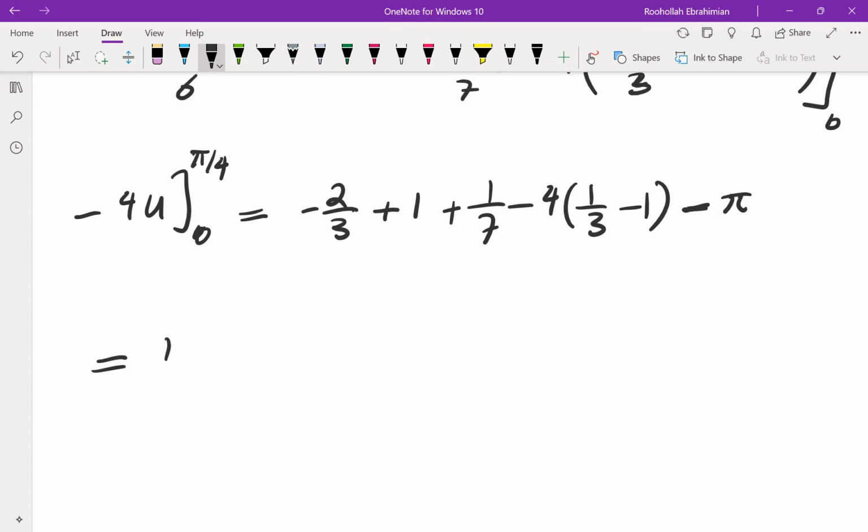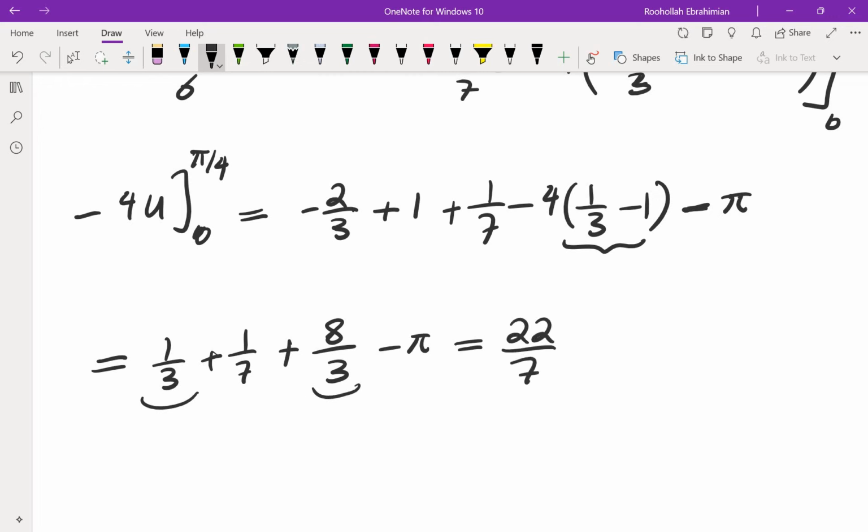So this is 1/3 plus 1 over 7 minus, this is negative 2/3, so that's 8 over 3 plus 8 over 3 minus pi. So this gives us 3, since 1/3 and 8/3 is 3. So that's 22 over 7 minus pi. So that is the final answer to the problem.